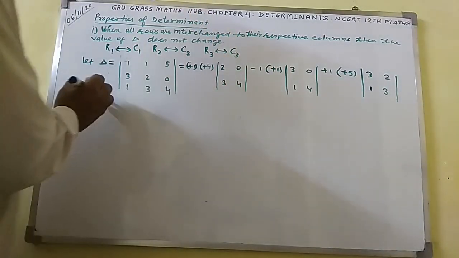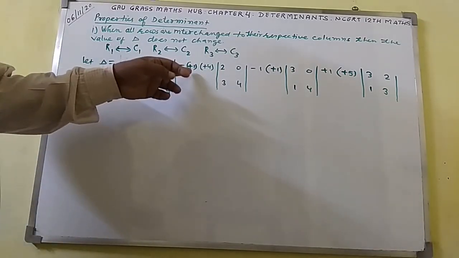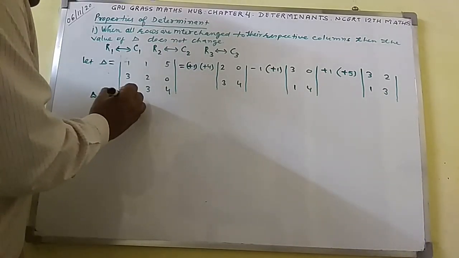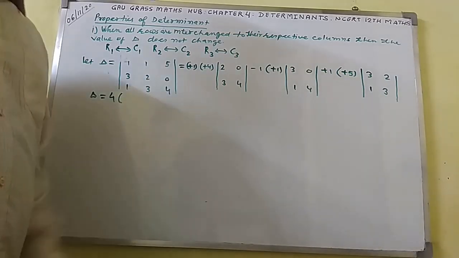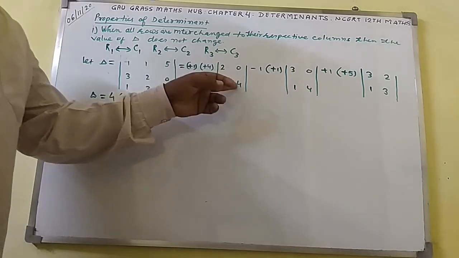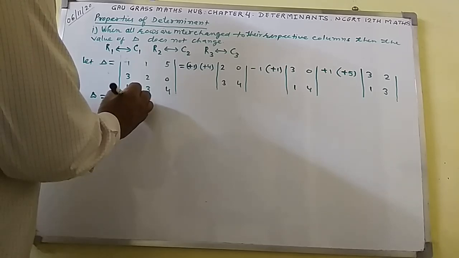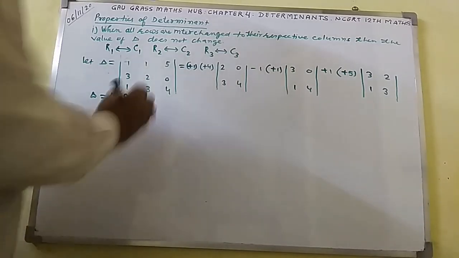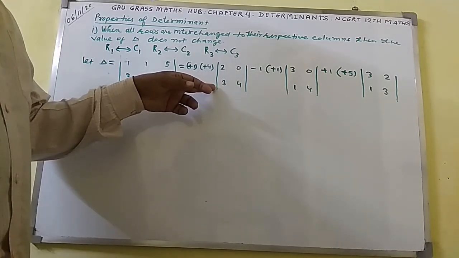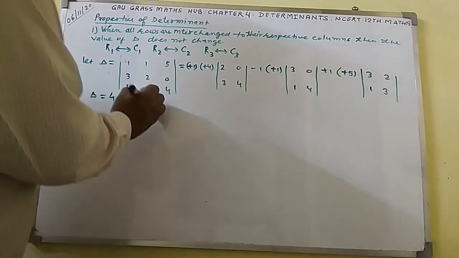Now evaluate the value. Plus 1 and plus 4 multiply together, we get 4. In bracket, the elements of the principal diagonal are 2 and 4, which multiply to give 8. Minus, the elements of the reverse diagonal multiply together, 3 times 0 gives 0.